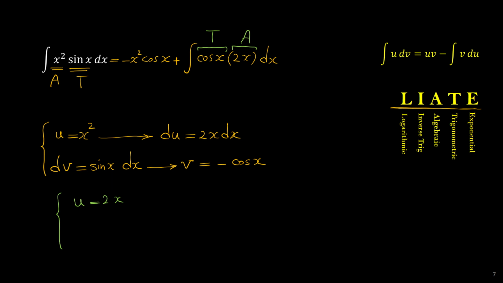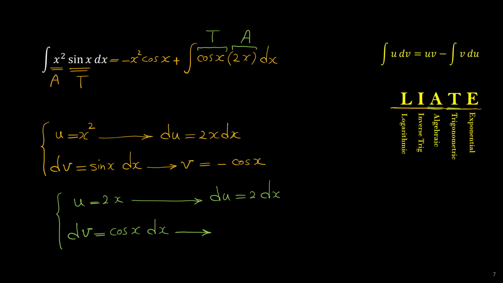So we choose the algebraic, which appears before trigonometric as u, and the other part of this integral will be dv. So dv is cosine of x dx. Again, from du we take derivative, and derivative of 2x is 2. Don't forget to put dx in the end.